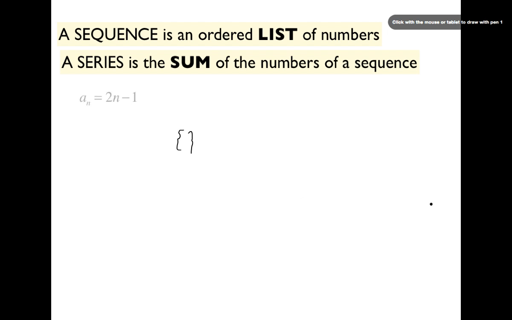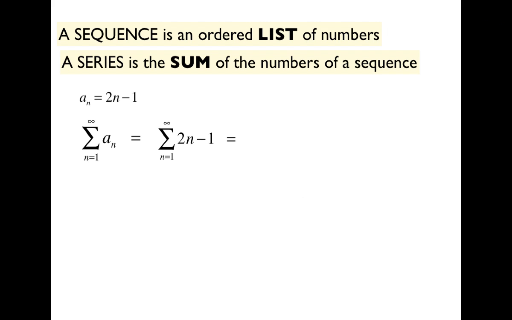Okay, so let's look at the sequence we talked about, the sequence of the odd numbers. What would that series look like? Then we could write that this is the sum of 2n minus 1. Can you write out what that means? We'll do this a lot.